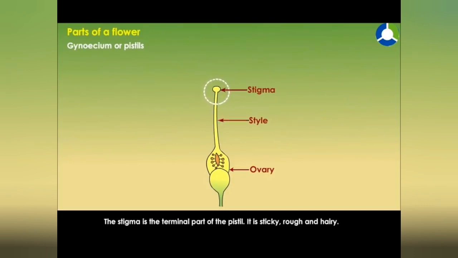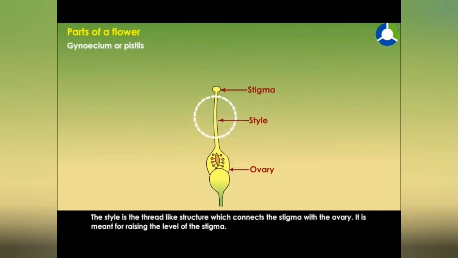It is sticky, rough and hairy. Stigma is meant for receiving pollen grains during pollination. The style is the thread-like structure which connects the stigma with the ovary. It is meant for raising the level of the stigma.